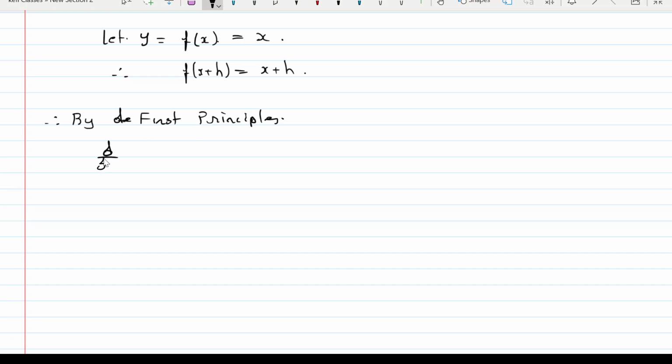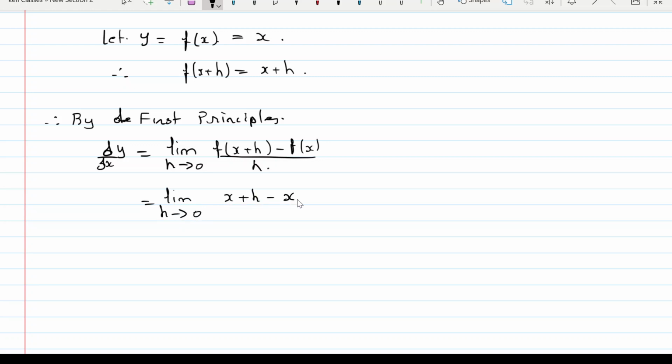d by dx of y or dy by dx is equal to limit as h tends to 0 f of x plus h minus f of x upon h, which is equal to limit as h tends to 0 x plus h minus x upon h, which is equal to limit as h tends to 0 of h upon h.